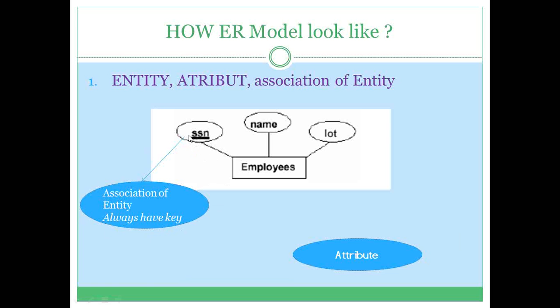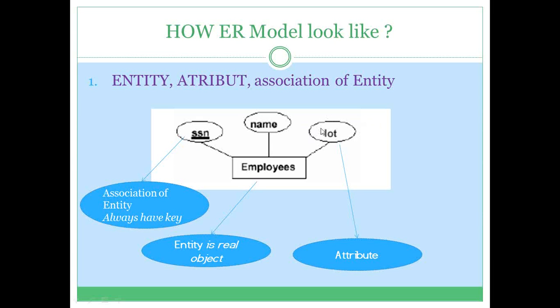The underline means that it is always a key. And employees. Employees is an entity. An entity is a real object. Lot, which is described in an oval, is an attribute.